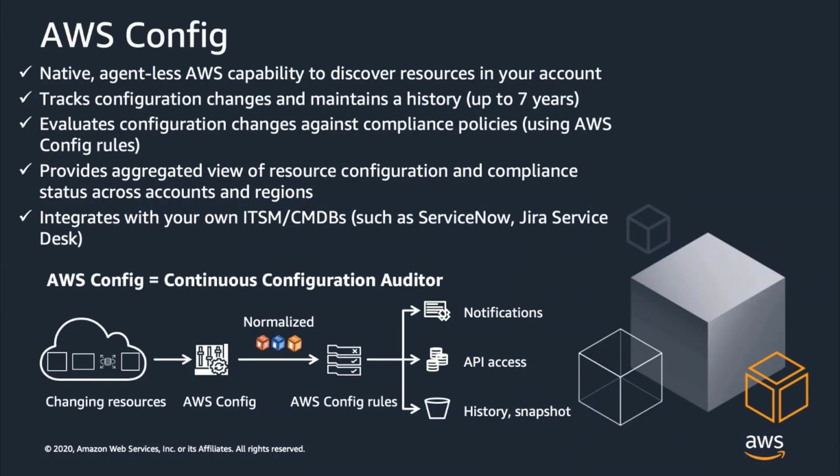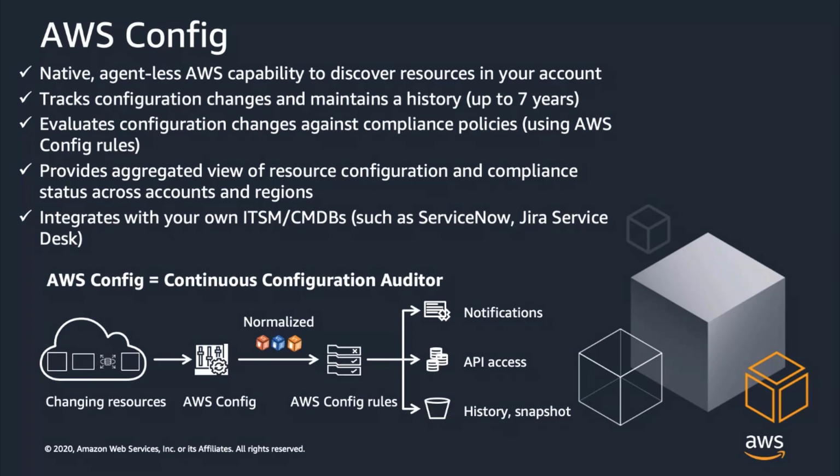With AWS Config, it allows us to assess, audit, and evaluate the configuration of your AWS resources. Config continuously monitors and records your AWS resource configuration and allows you to automate the evaluation of recorded configuration against desired configuration.